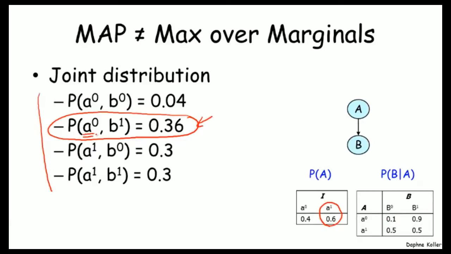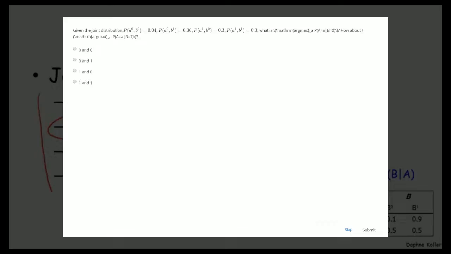And so one can't look separately at the marginal over A and over B and use that to infer the MAP assignment. The reason is that we're looking for a single assignment over all of the variables that together has the highest probability.